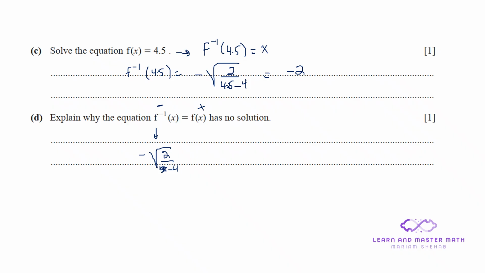It was equivalent to 2 over x squared plus 4, which is impossible, as f inverse is always negative, while f is always positive.